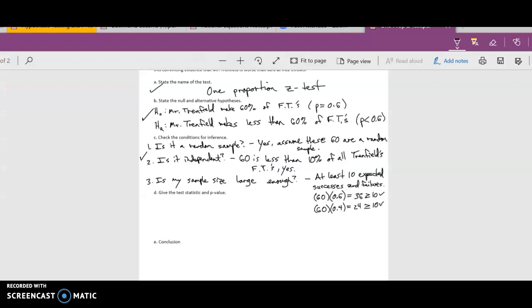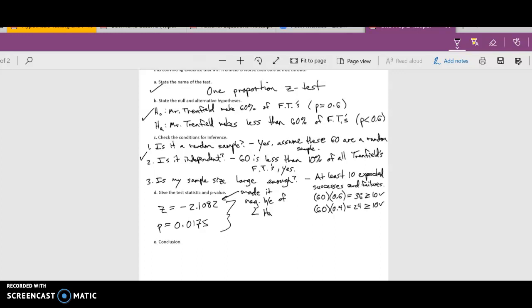Okay, so we used that bookmarked website, and we got z is equal to negative 2.1082. I made it negative because of the less than alternative hypothesis. And then our p-value is what they said.